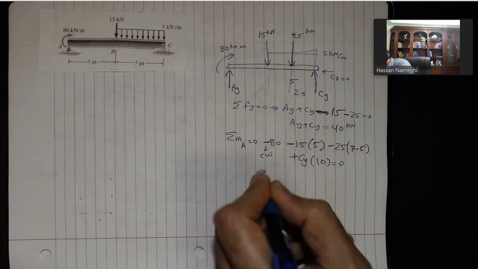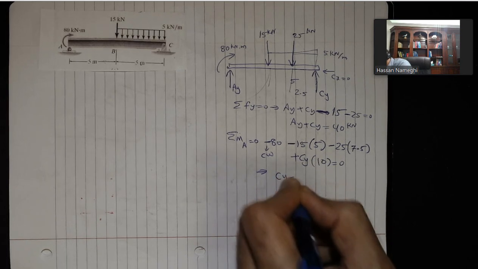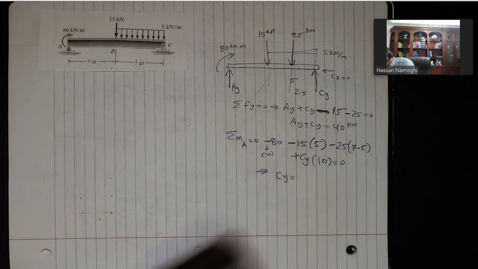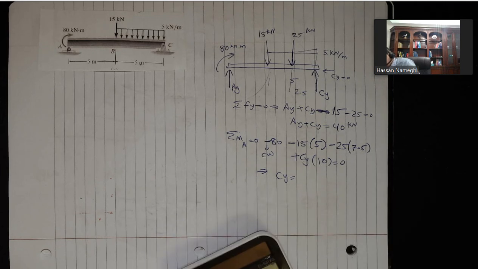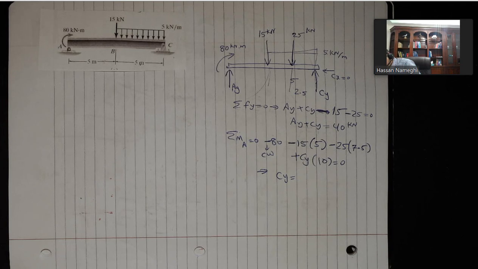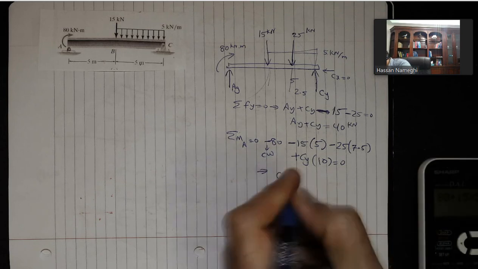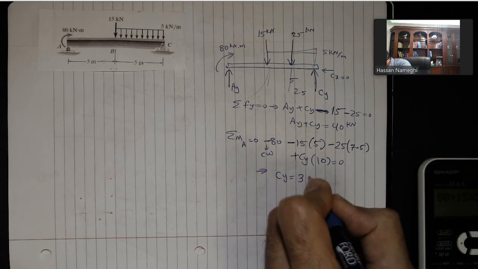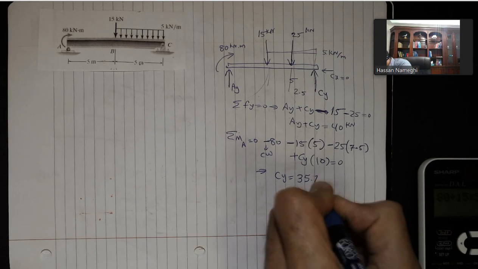So if I simplify this, I'm going to get Cy is equal to, okay, bear with me, 80 plus 15 times 5 plus 25 times 7.5. I got 357, and then if I divide that by 10, I'm going to get 35.75.